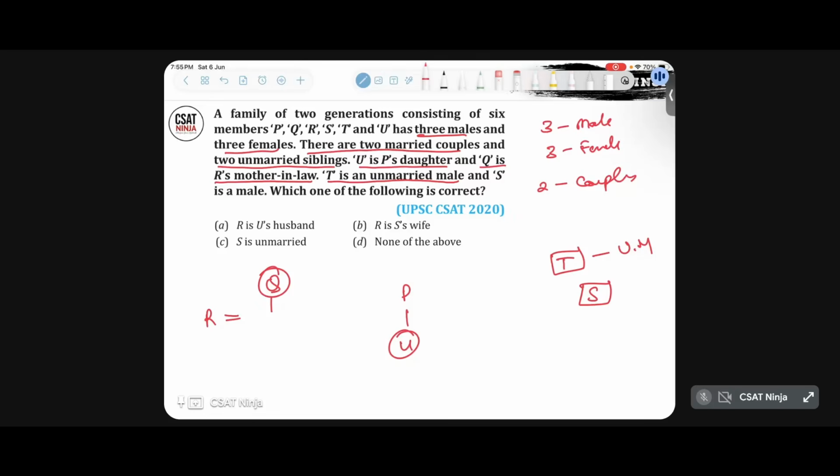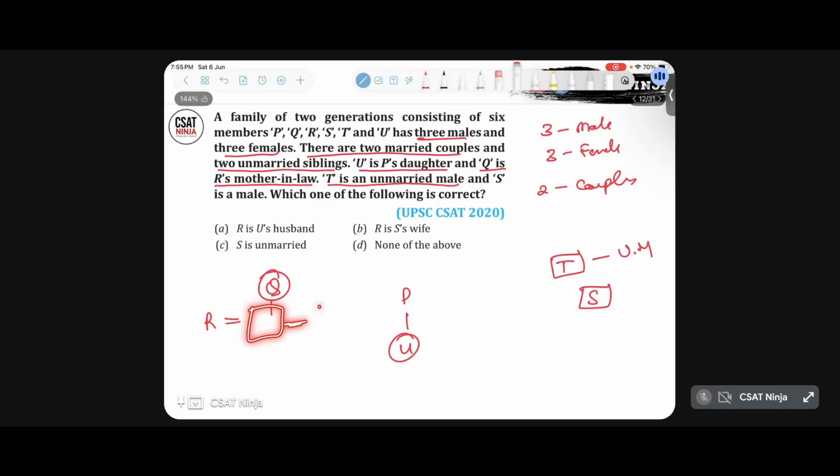So let's try to assume. I think our assumption was wrong in some cases. Remember, the question says there are 2 married couples. That means I need to make sure there are 2 married couples there. So one married couple can be R is married to someone, okay, and it will have siblings. And remember, in this case, 2 married couples and 2 unmarried siblings.